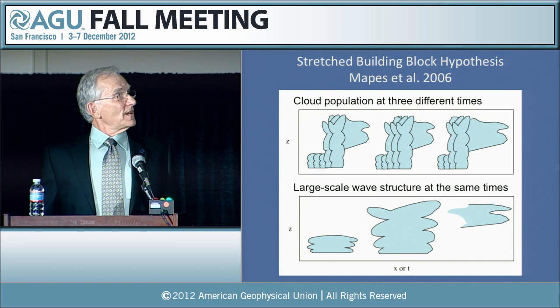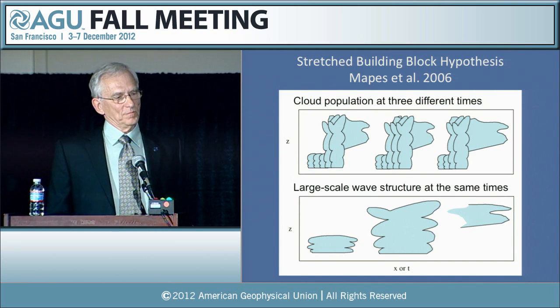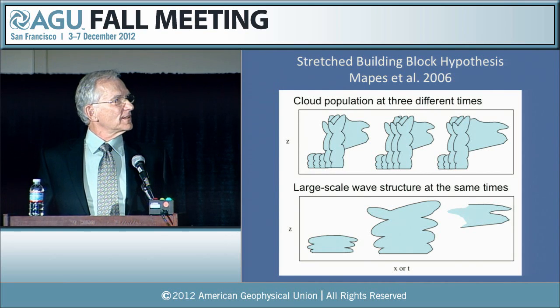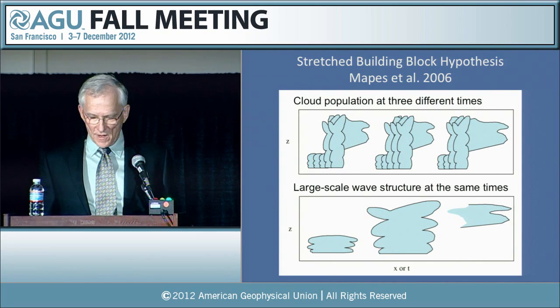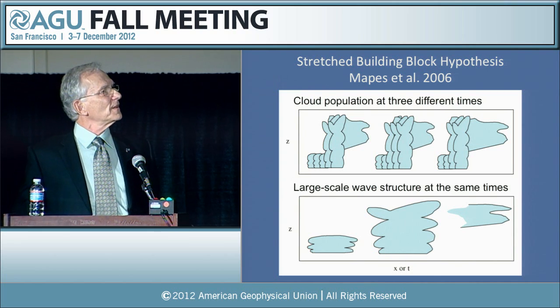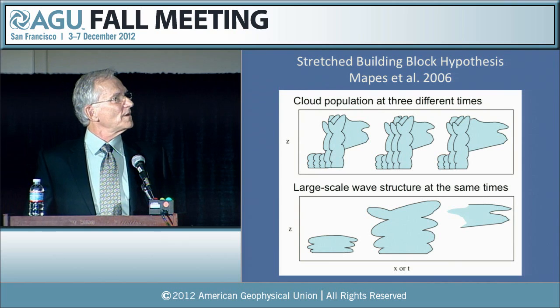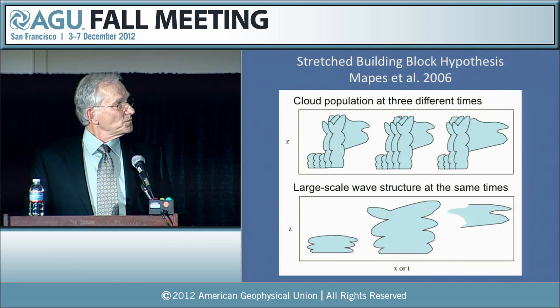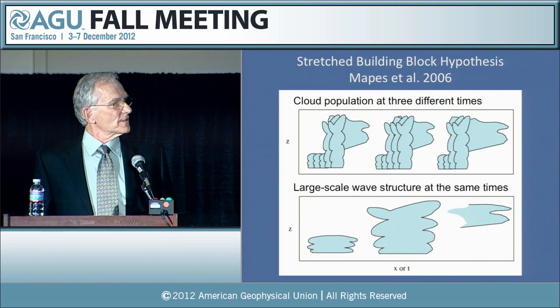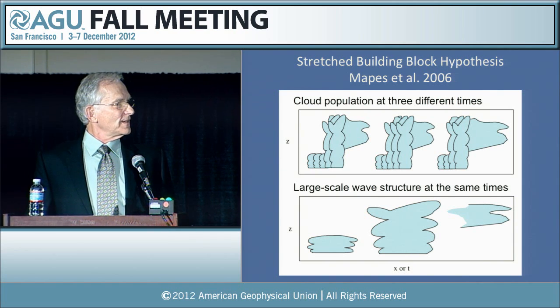And there's a lot of ideas out there, but the goal here was to try to relate the cloud population to large-scale wave properties. And in the lower row there, this is actually an idea that comes from Brian Mapes. On the lower row there, what you see is large-scale wave structure. This is not supposed to be an individual cloud.